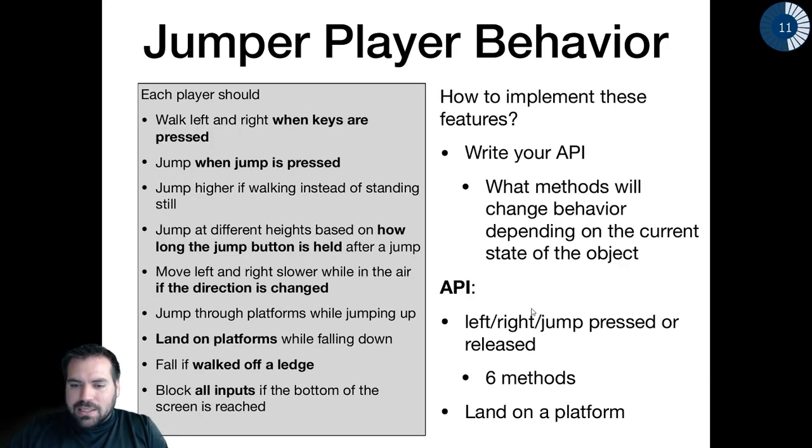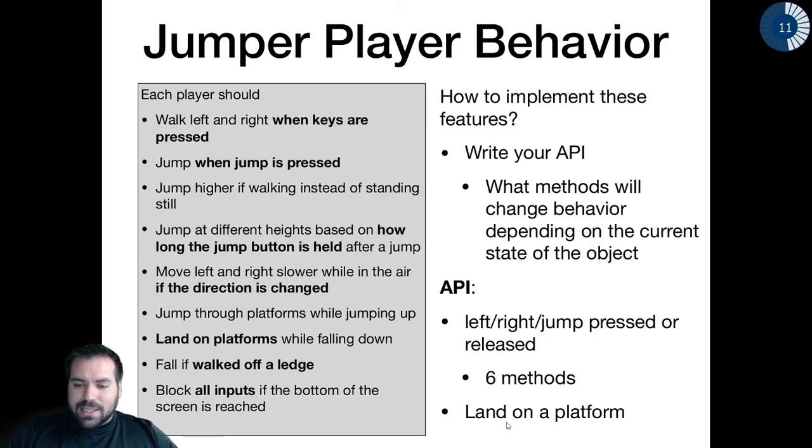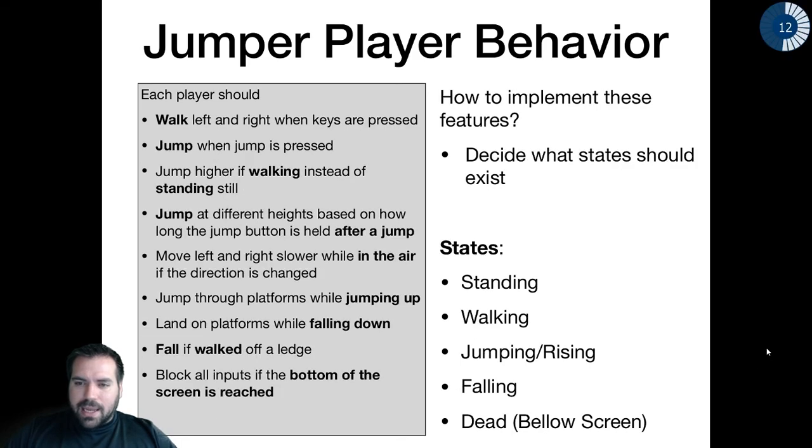So I have my list of methods, I have my list of states, and these might change as your design changes. Of course, this one isn't going to change because I already have the code written. But as I was writing the code, I did change around my states and my API. Like I didn't realize at first that I needed this land on platform method. But I added that as I was writing the code and revised this.